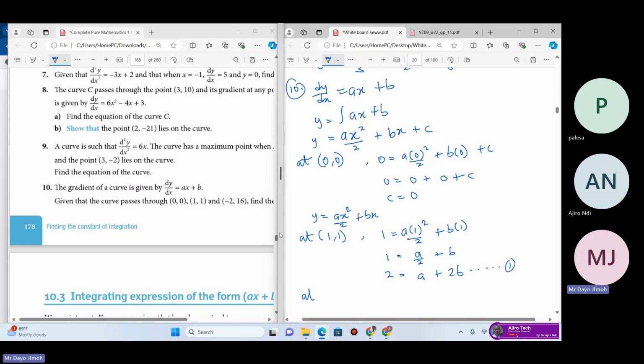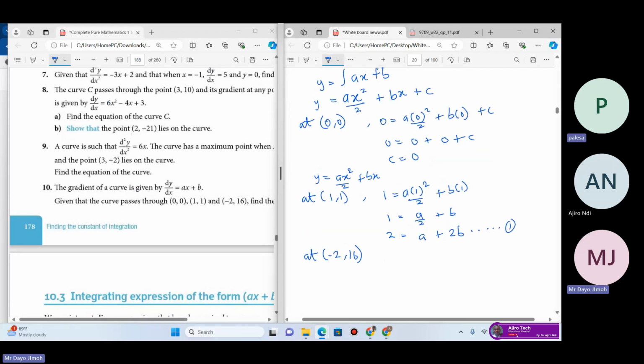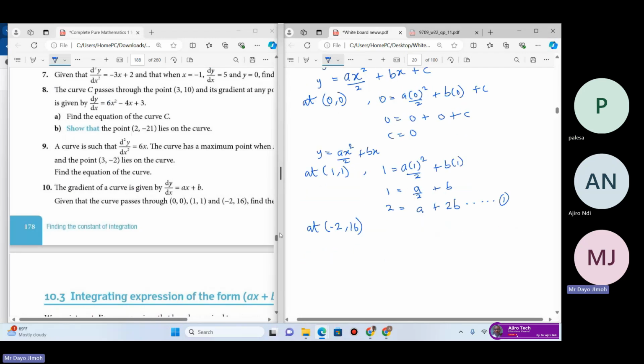At the point minus 2, 16, you have y is 16. In place of y, I will put 16 equals a times x, which is minus 2 squared over 2, plus bx, which becomes b times minus 2.